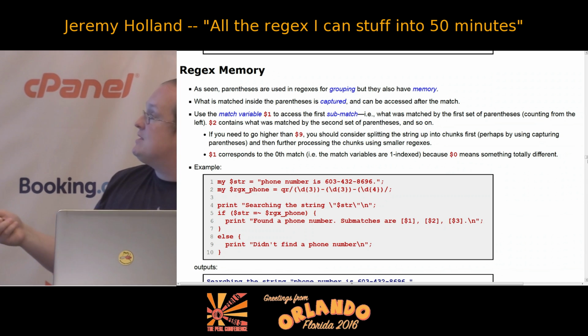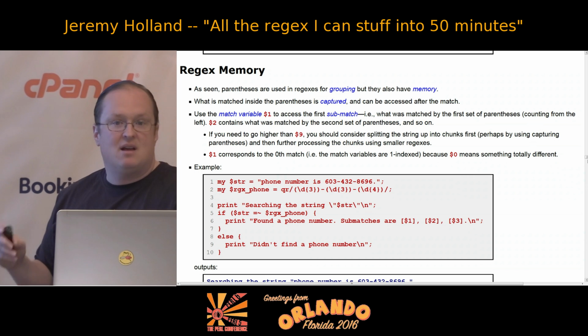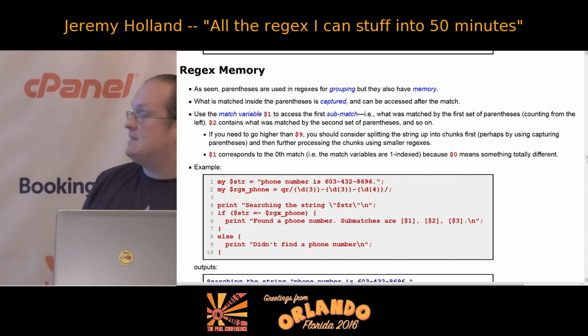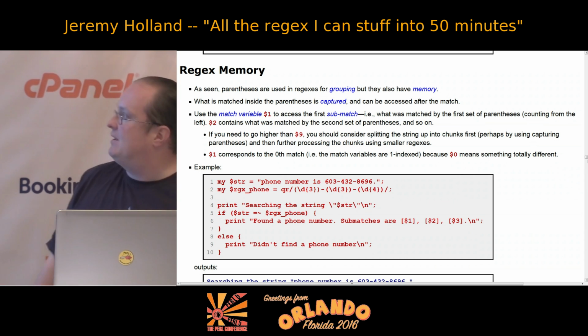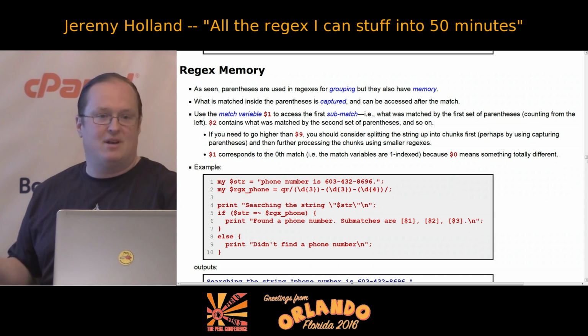The match variables $1, $2, etc. contain these submatches. $1 corresponds to the first set of parentheses coming from the left, $2 from the second, etc. They skip $0 because it means something totally different. If you need to go higher than 9, you should consider not doing this.